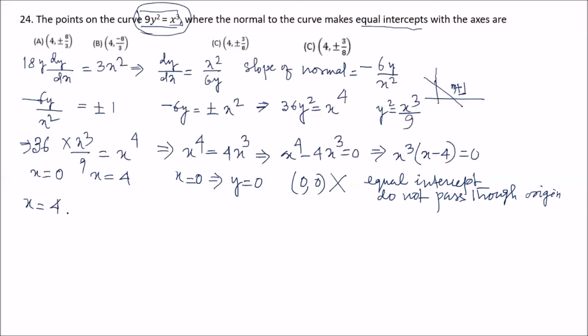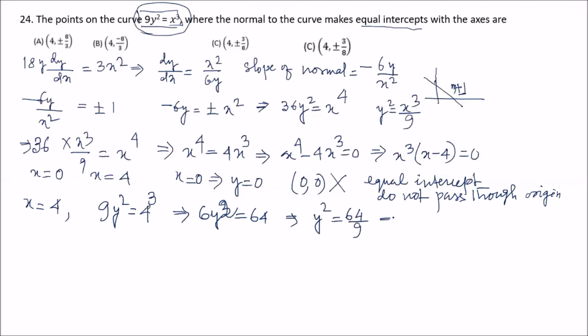Now when x is equal to 4, I'll put in the equation. So 9y square is equal to 4 cube. 4 cube is 64. So 9y square is equal to 64. Then y square is equal to 64 by 9.